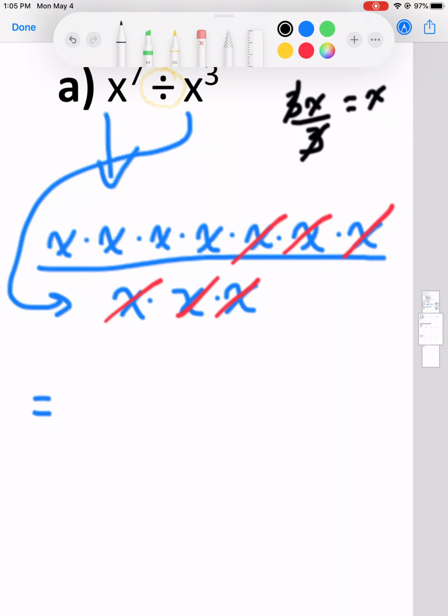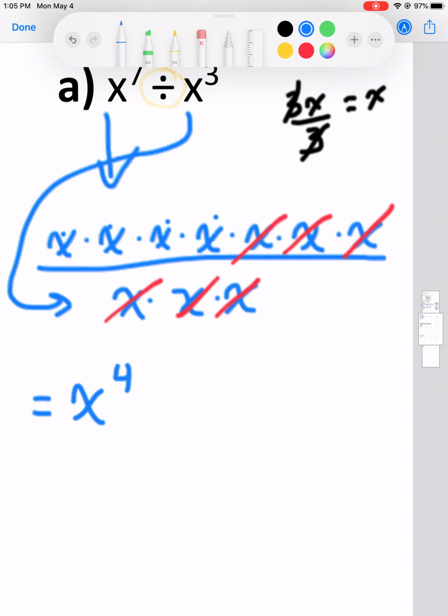Same thing here. They're being divided from each other because all of these are being multiplied. So multiplication and division are the same, or opposites, right? The opposite. So what does my final answer turn out to be? Well, I've got 1, 2, 3, 4, so it's going to be x to the power 4.